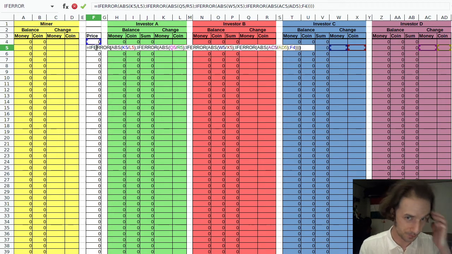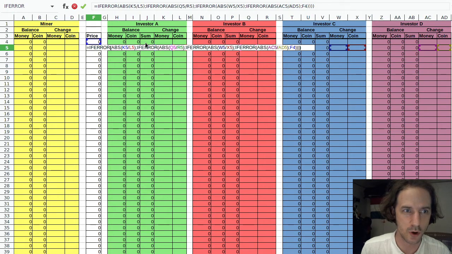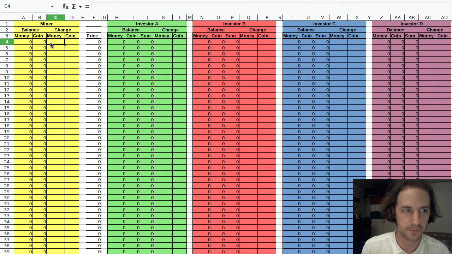Whichever of these money and coin change pairs is not empty is going to define our price here. And if there is nothing happening in a certain column, then it will just copy the previous price. So let's start with minting one coin.